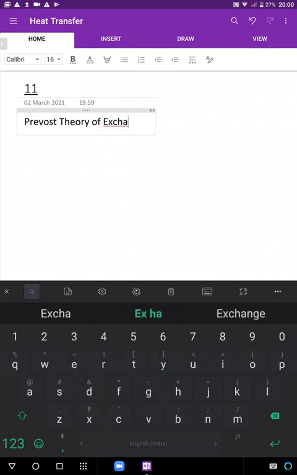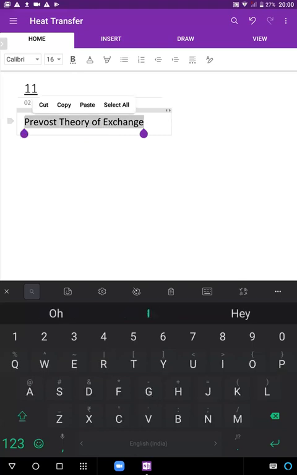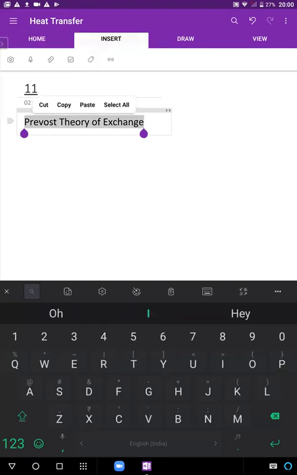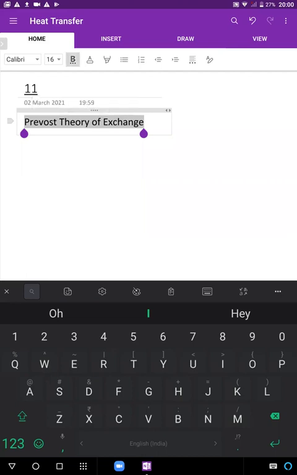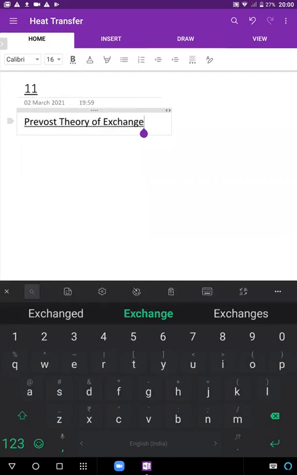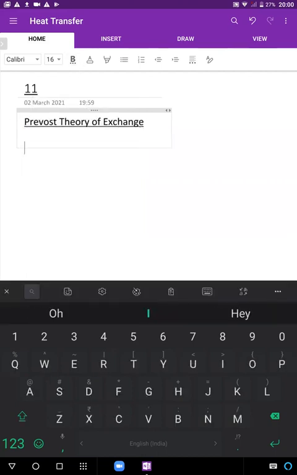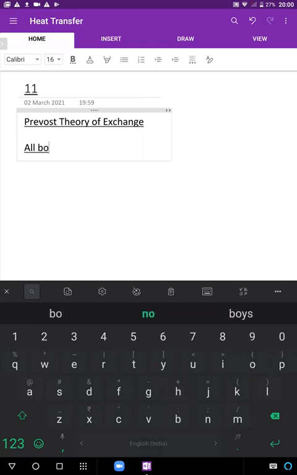Even as I'm writing this, I want you to ponder and try to understand how everything I'm writing is very logical. See if you can understand the logic behind it. First thing is, all bodies emit thermal radiations.